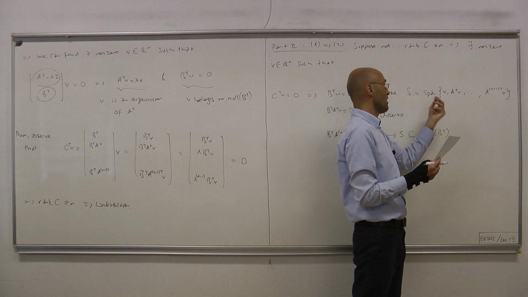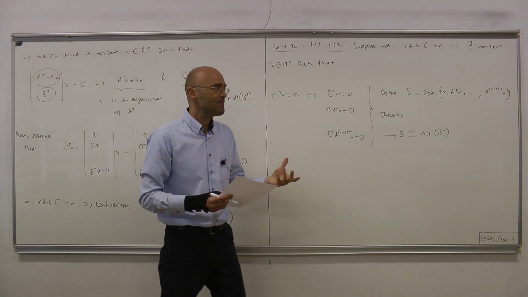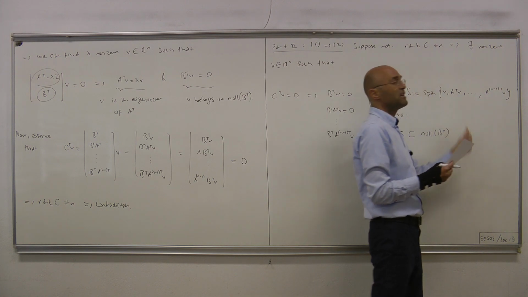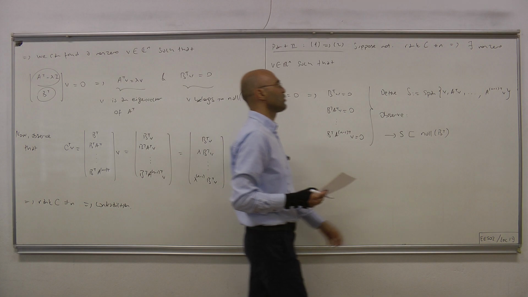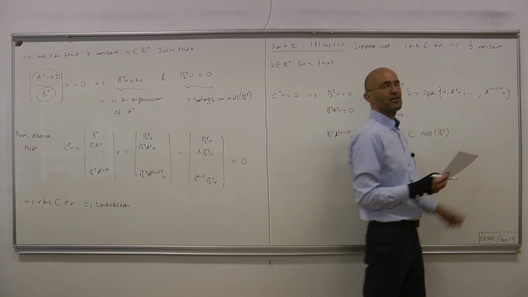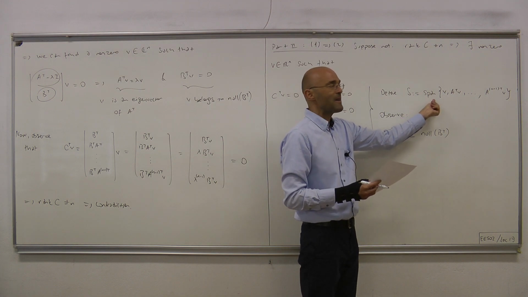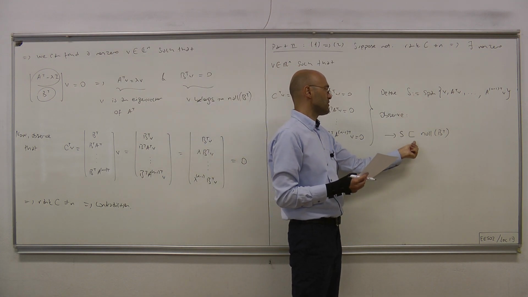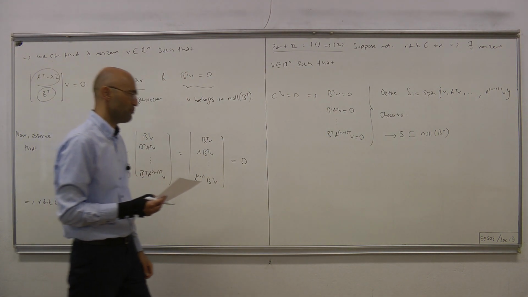So B transpose times any vector from this set is 0. So clearly B transpose times any linear combination of these n vectors must also be 0. Since all the possible linear combinations produce, by definition of span, this subspace S, this subspace therefore necessarily is a subset of the null space of B transpose.